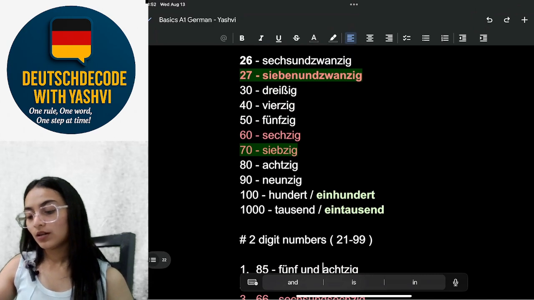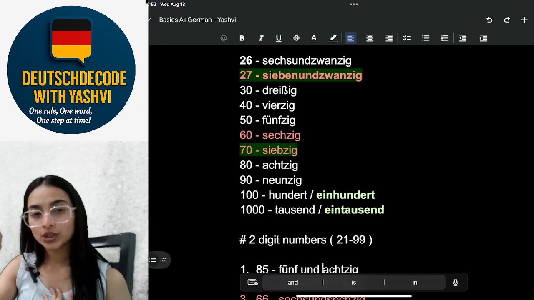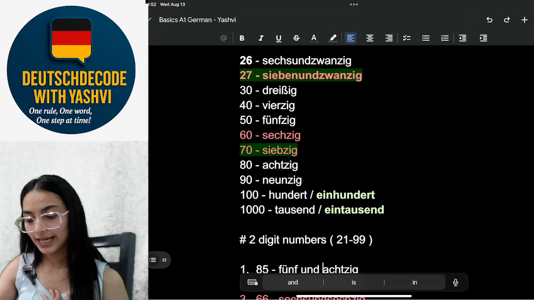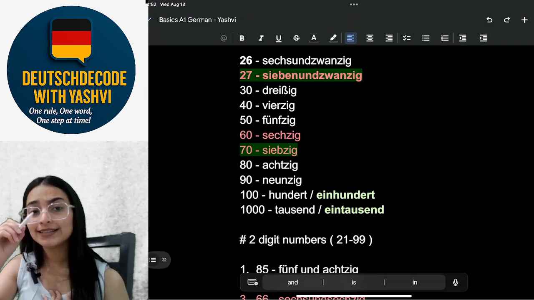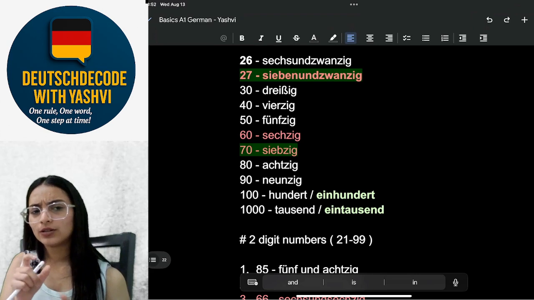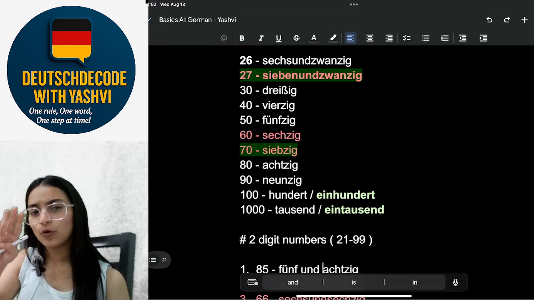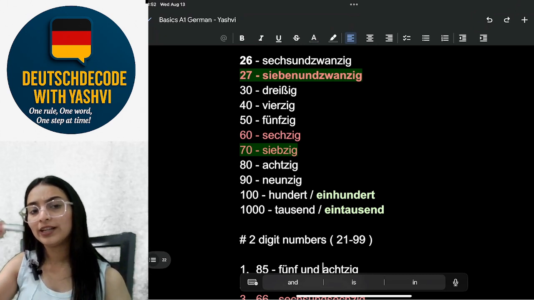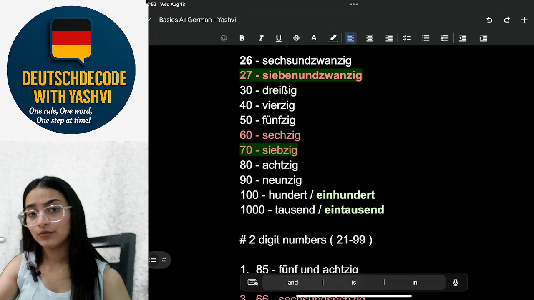So only the ending for 30 it's different, and for 40, 50, 60, 70, 80, 90 the endings are with zig, Z-I-G, and you just have to add the first this 4 like fear, fünf, sechs, sieben. Only in sechs and sieben the S and EN would be eliminated.